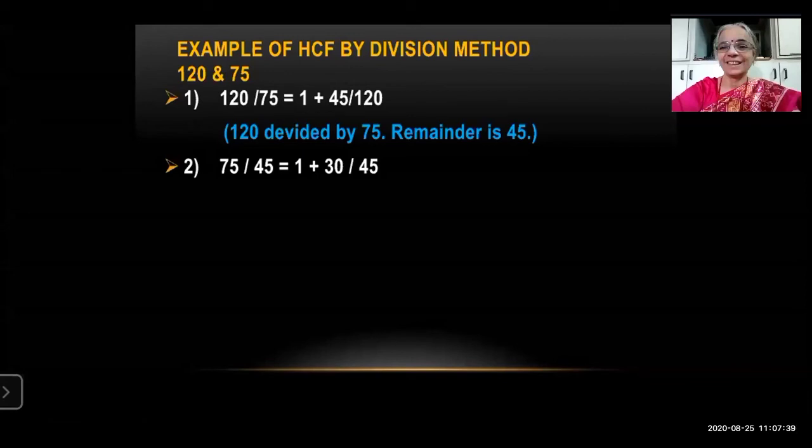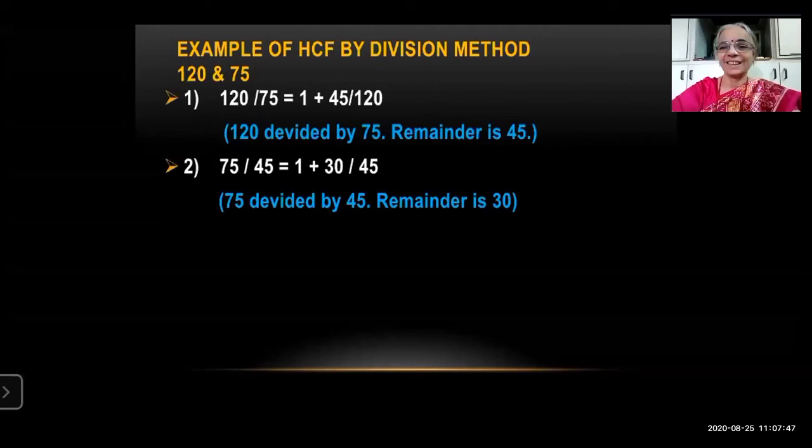It means that 30 is the remainder. Now which division should we do? 45 will be divided by 30. The previous divisor and previous remainder.